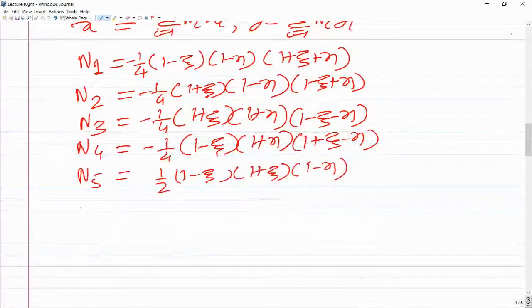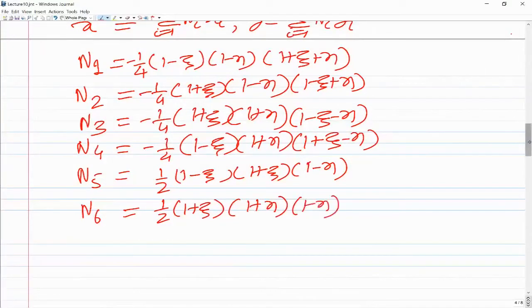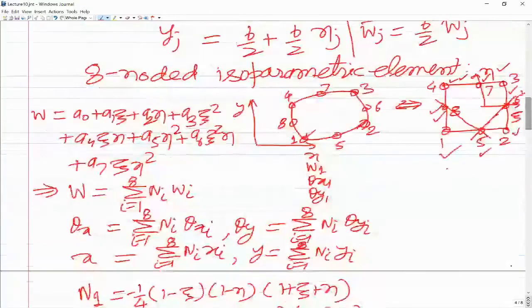Then similarly n6 would be half, and then you have 1 plus xi, 1 plus eta, 1 minus eta. For n6, what you are doing is taking the equation of this line, 1 minus eta, and the equation of this line, 1 plus eta equal to 0, of course, and we are taking only whatever we have on the left hand side, and the equation of this line is 1 plus xi.